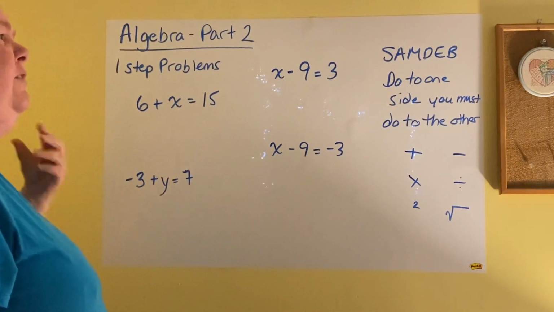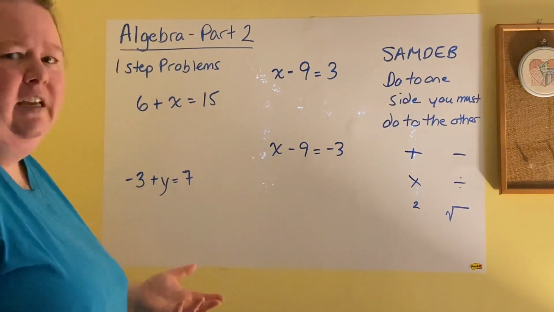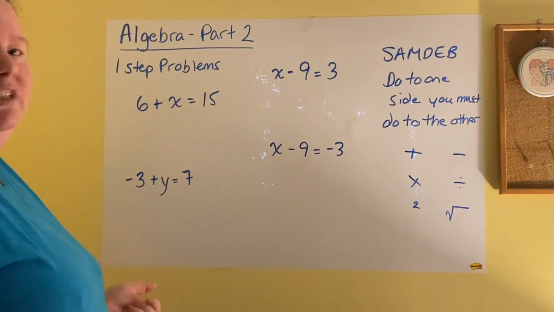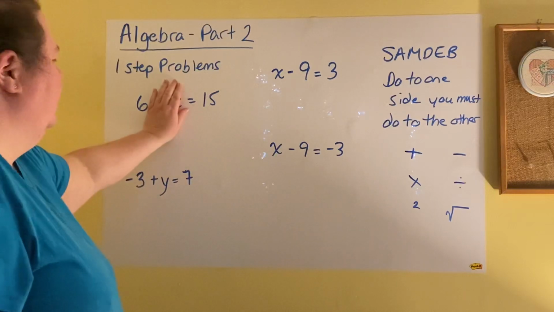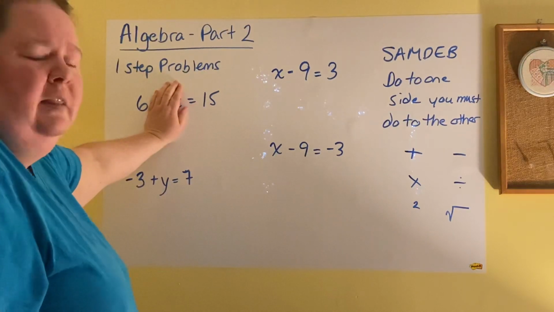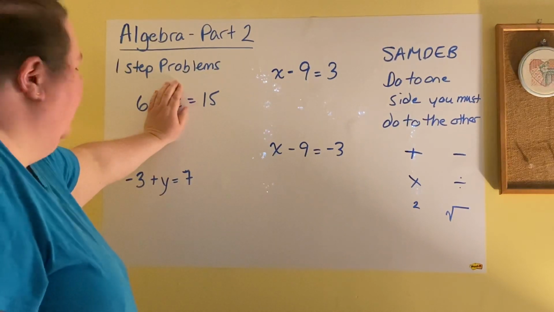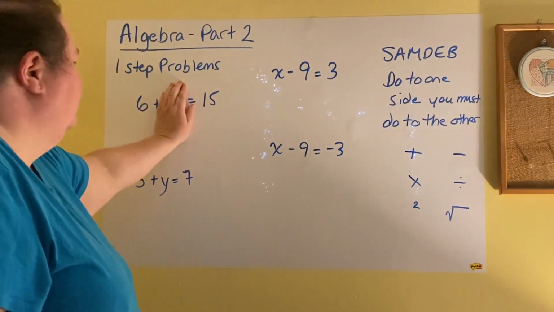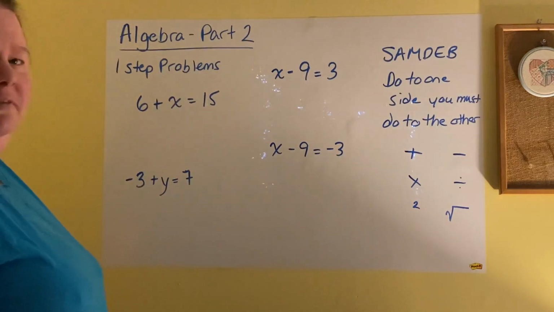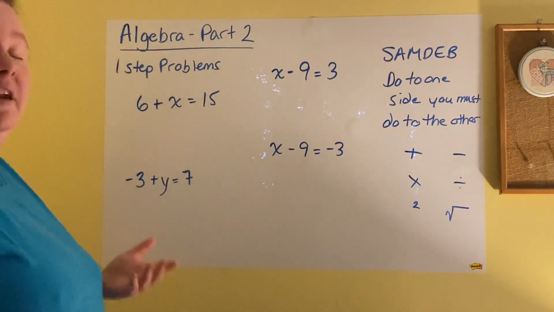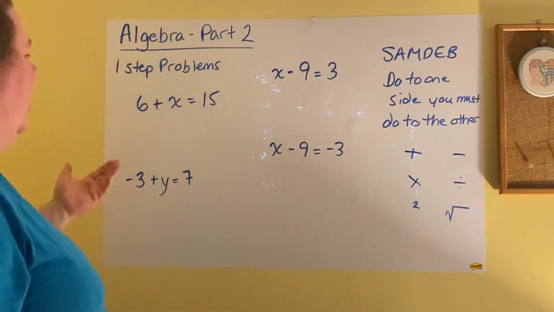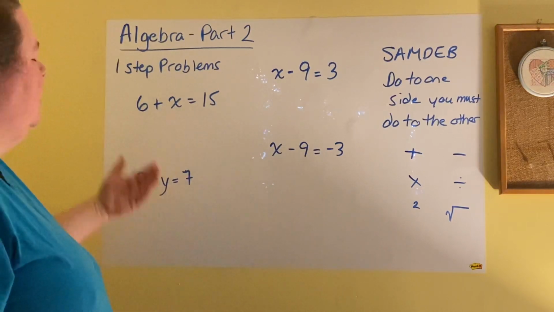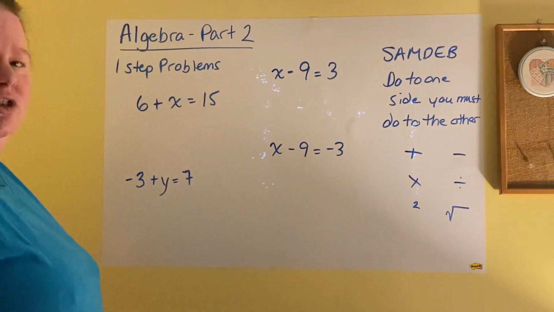And for those of you that can intuitively think of things, this might be a strategy that helps you. So I would look at this and I would cover up the term that has the variable. And I would say, what do I have to add to 6 to get 15? And in my mind, I know my number facts, and so I know that I would be adding 9. So I know that x should come out to 9.